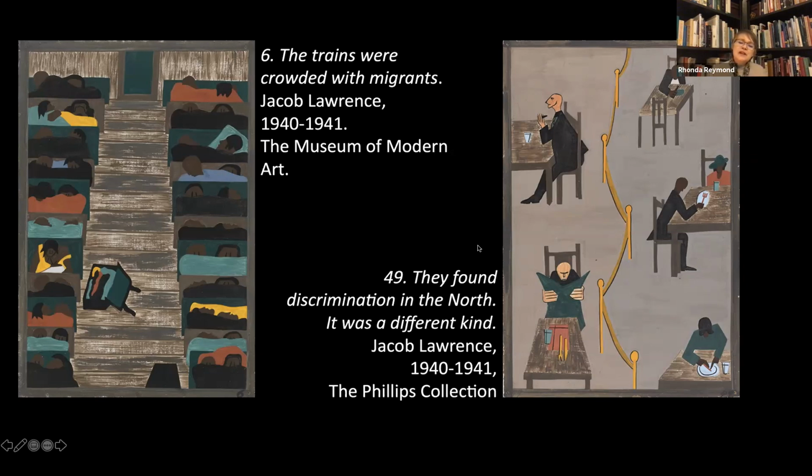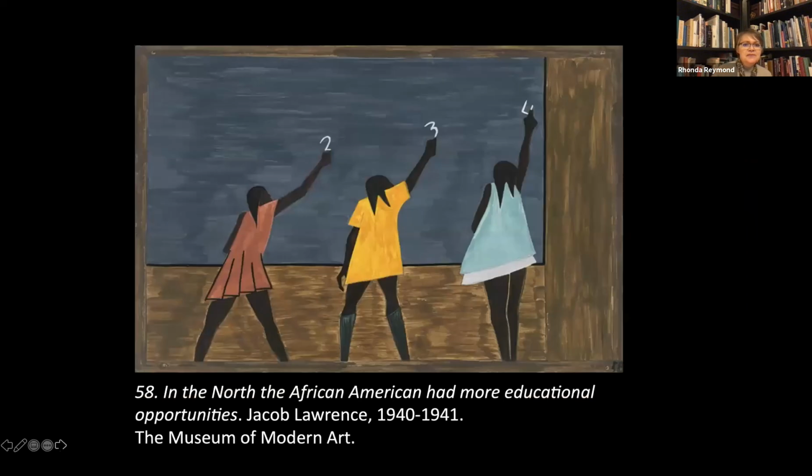And he points out both good things that happen up north, as well as the bad things that happen during the Great Migration. So discrimination is still to be found, and he makes that clear on the image on the right. But he also talks about opportunities and education. And this is something that he was very passionate about, that you could get education here.